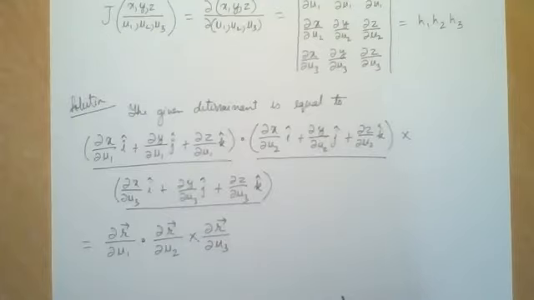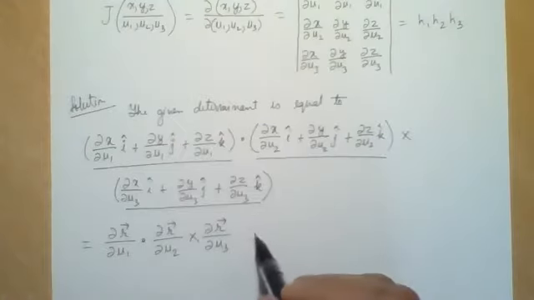And then we know that del R by del U1 is equal to H1 E1, del R by del U2 is equal to H2 E2, and del R by del U3 is equal to H3 E3.